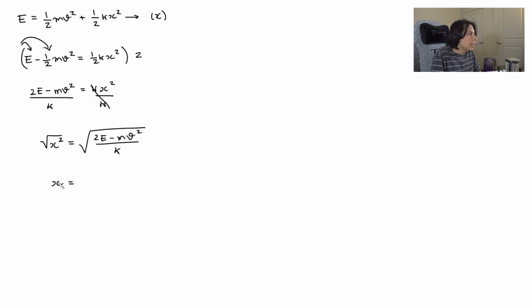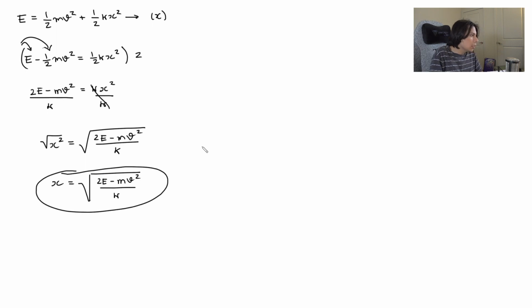So x ends up being equal to the square root of 2E minus m v squared over k. And hence this would be our final answer. I think I'll stop it right there. These are pretty simple literal equation practice examples that I really wanted to go over, and I hope this helps.